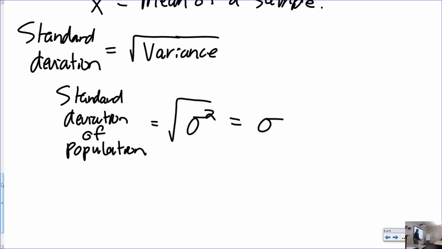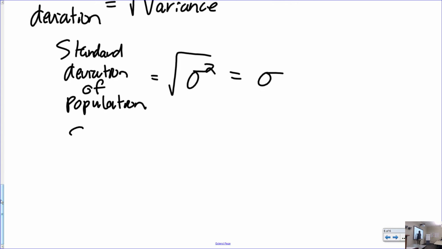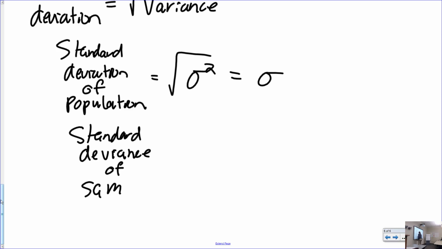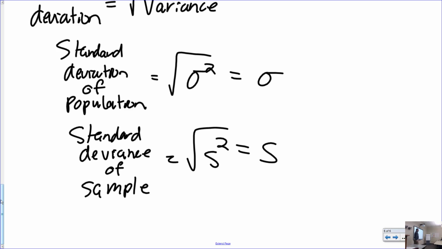Just sigma by itself. And then likewise, if you take the standard deviation of a sample, it's the square root of S squared. Square root of a square gets you back to S.